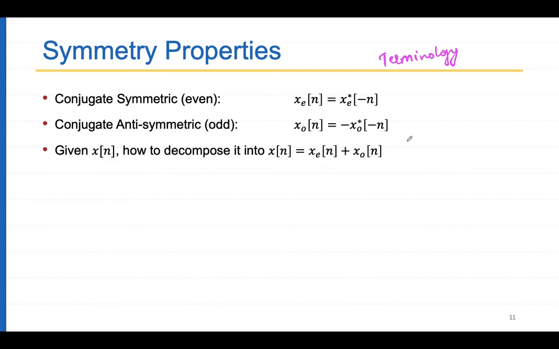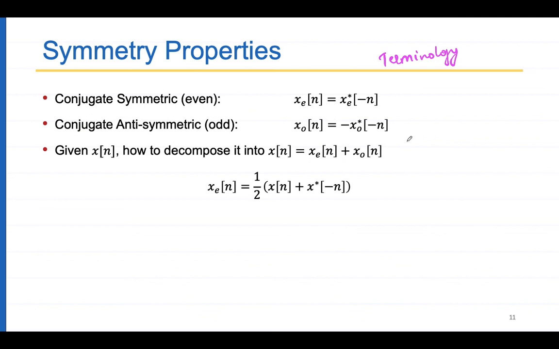Now, given any x[n], a complex sequence, how do you decompose it into even and odd parts, which means conjugate symmetric and conjugate antisymmetric parts, right? So, very simple. Just like you do in the real domain, you all probably remember this.